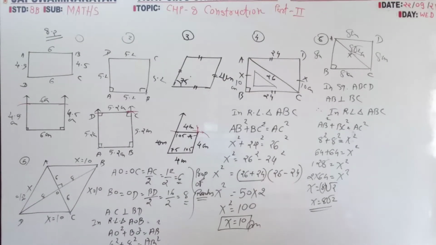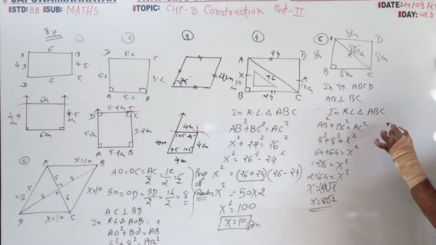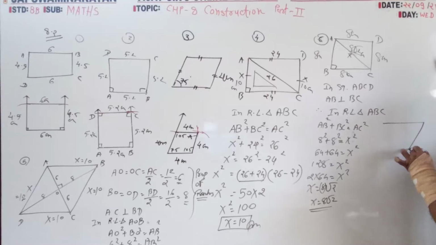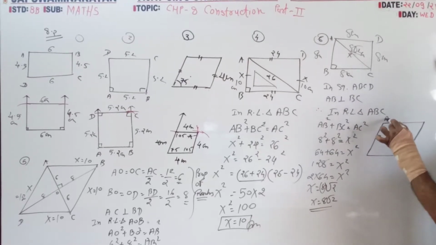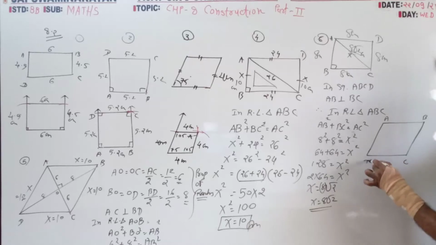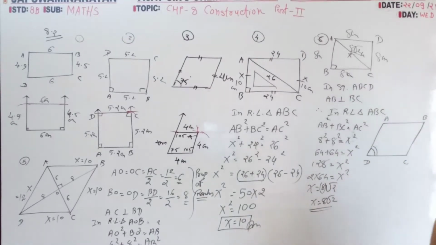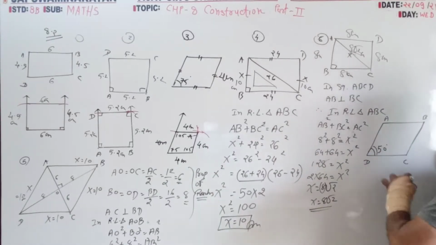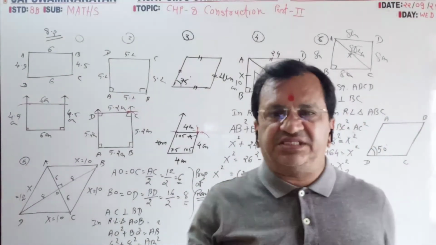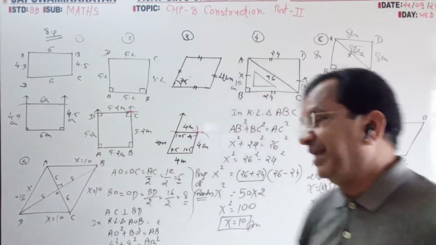One angle of a rhombus is 50. Find the remaining 3 angles. In a rhombus, opposite angles are congruent. A, B, C, D. Only one angle is given, that is 50. Reasoning should be very solid. If this is a rhombus, opposite angles are congruent and adjacent angles are supplementary.